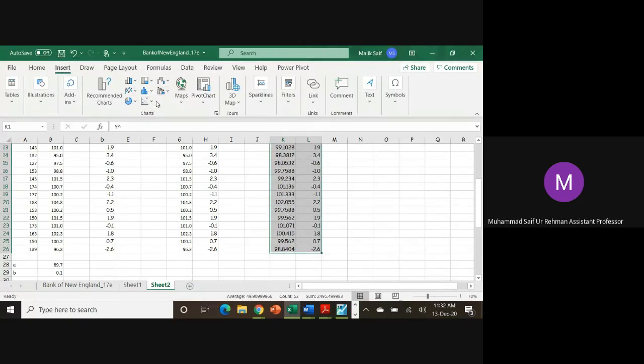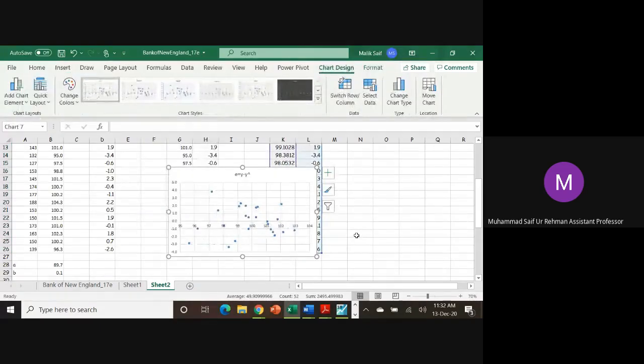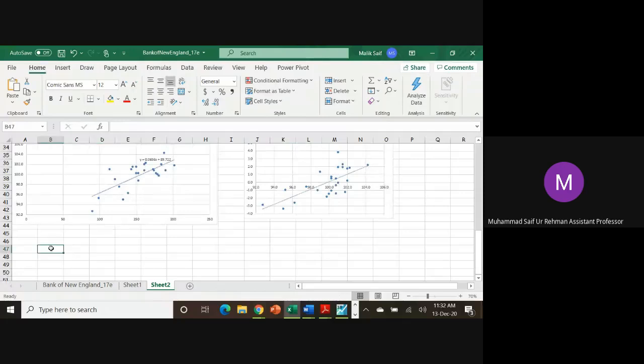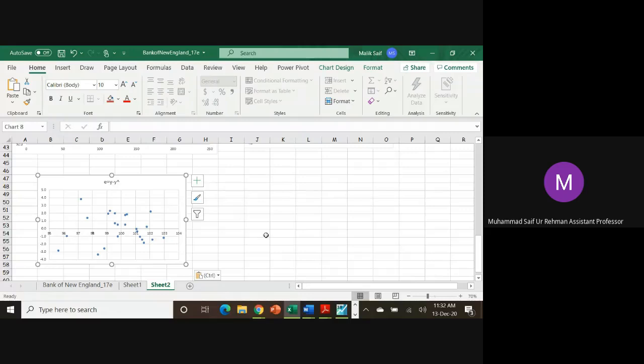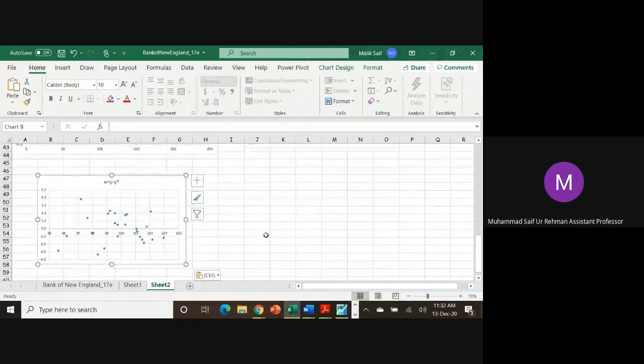If you take a graph for this, there is so much variation. So this graph is more appropriate.